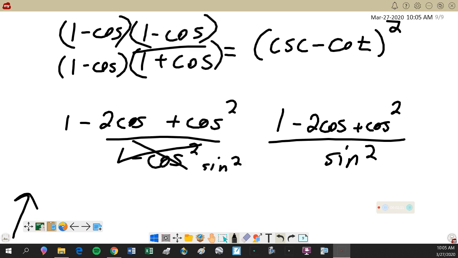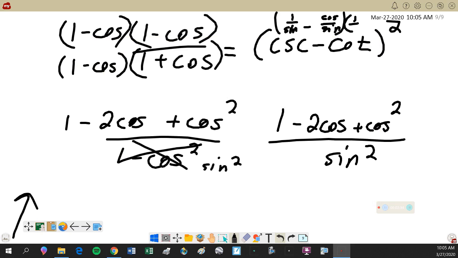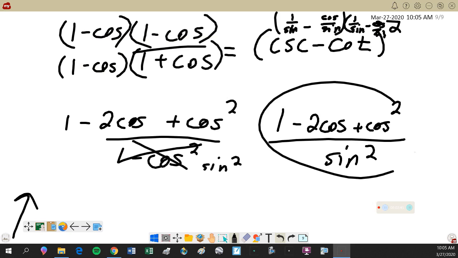Now, you probably got stuck right here. What should we do? Well, on the other side, this is 1 over sine minus cosine over sine. But that's squared. So if I take this and multiply it by itself, then I should figure out a way to manipulate this to equal what that is.